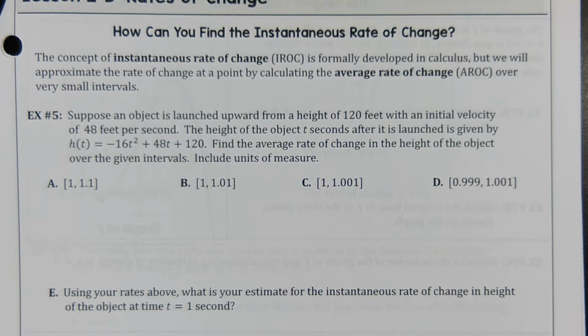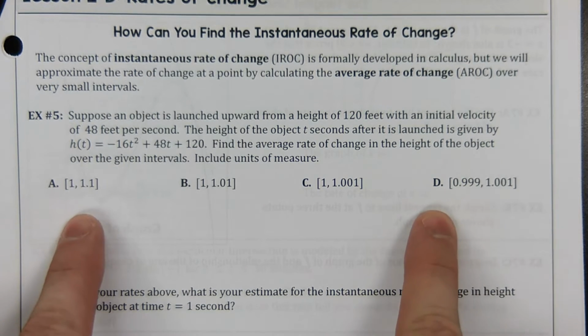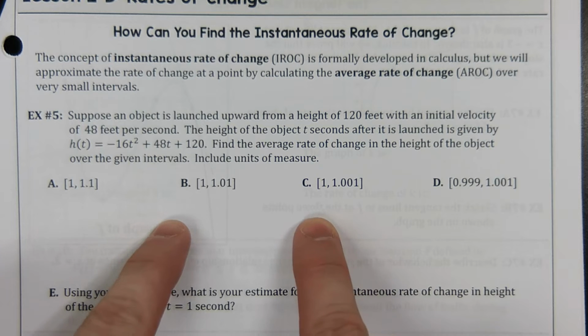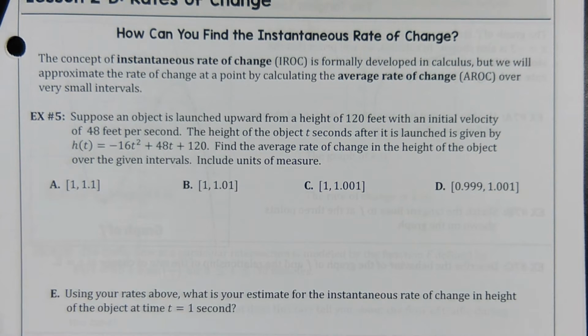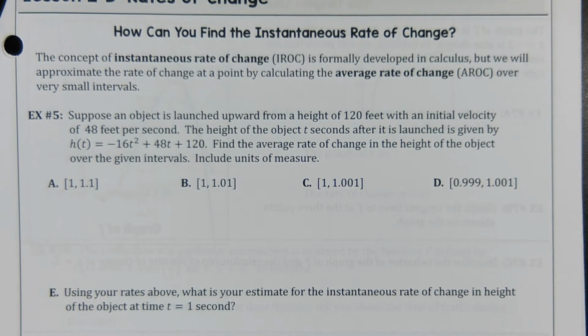And the way we do that is by getting closer and closer using 2 coordinates to the actual single point we're working with. So we can use the average rate of change and just let the distance between the 2 points get smaller and smaller. If you let it get small enough, you'll have a pretty accurate representation of what the rate of change would have been at a single point. Okay.